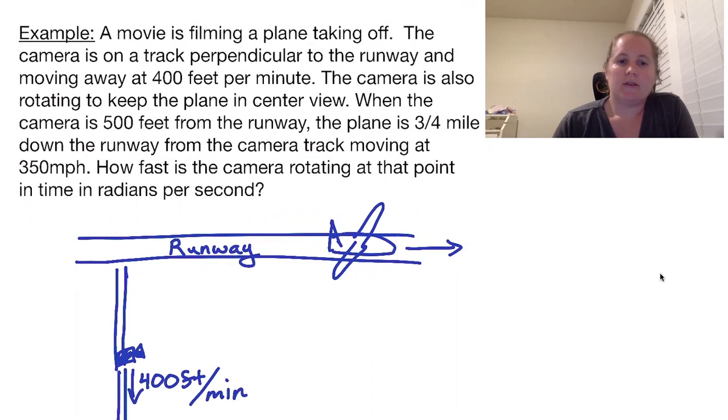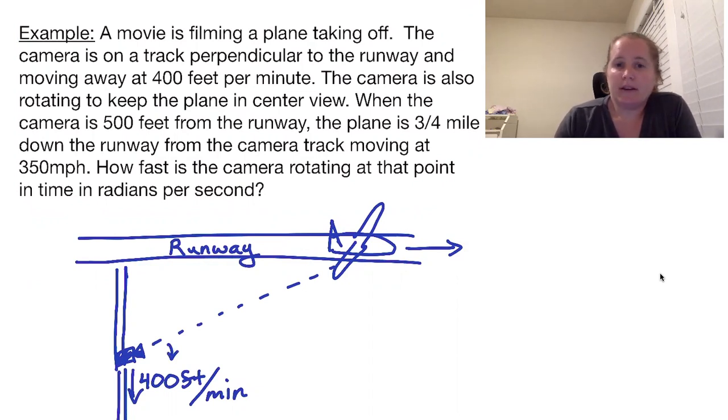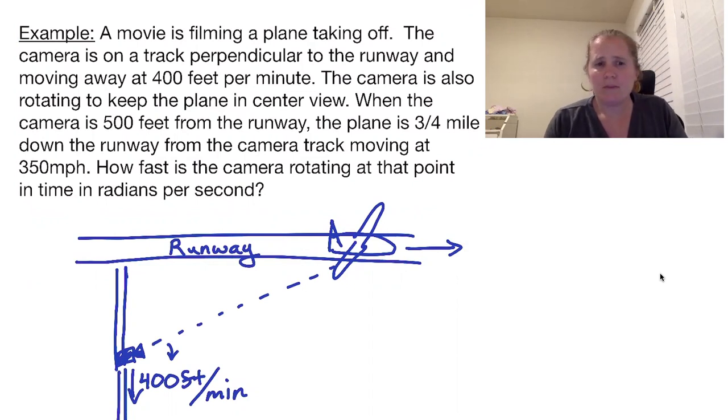Okay, so this is what's going on. And the camera is rotating so that it can keep the plane in its line of sight. So as the plane moves, the camera is rotating. I'm going to go ahead and add in some variables.